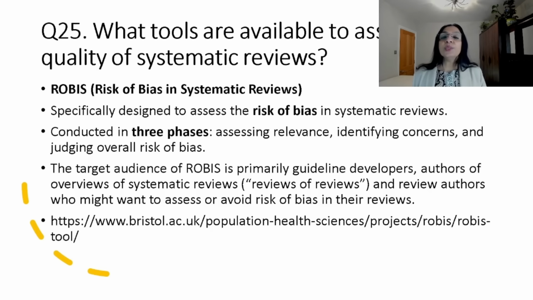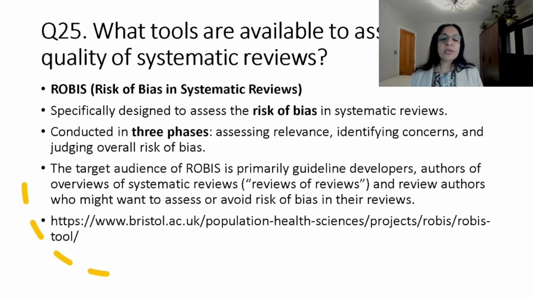The second tool I would like to mention to assess the quality of systematic reviews is ROBIS, that is risk of bias in systematic reviews. It is specifically designed to assess the risk of bias in systematic reviews and is conducted in three phases: assessing relevance, identifying concerns, and judging overall risk of bias. The target audience of ROBIS is primarily guideline developers and authors of overviews of systematic reviews.